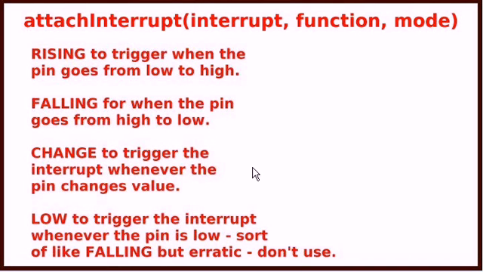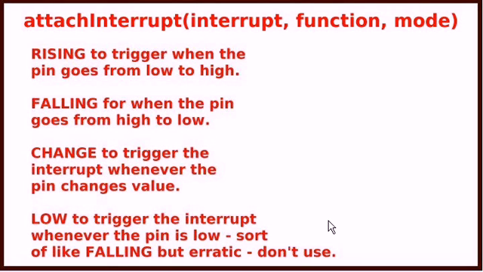If I press the switch, the LED will toggle. If I release the switch, it will toggle again. Change means either low to high or high to low. Again, change, any change on the electrical pin, be it high to low or low to high, will trigger the interrupt service routine.